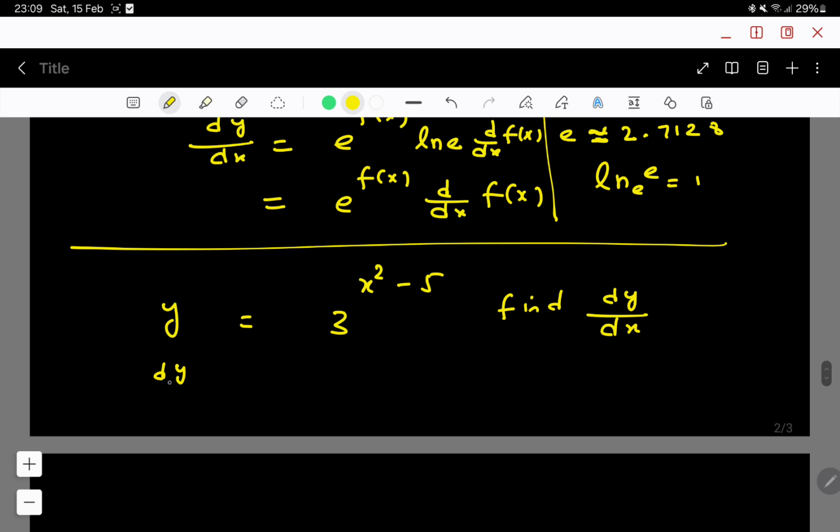So dy by dx equal to 3 power, write exponential as it is, into ln 3. 3 is the base. Again differentiating f of x. What is f of x here? X square minus 5.